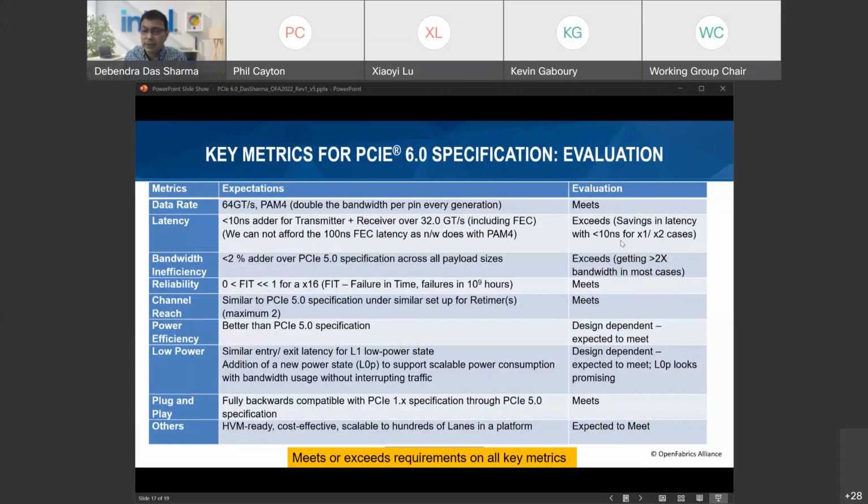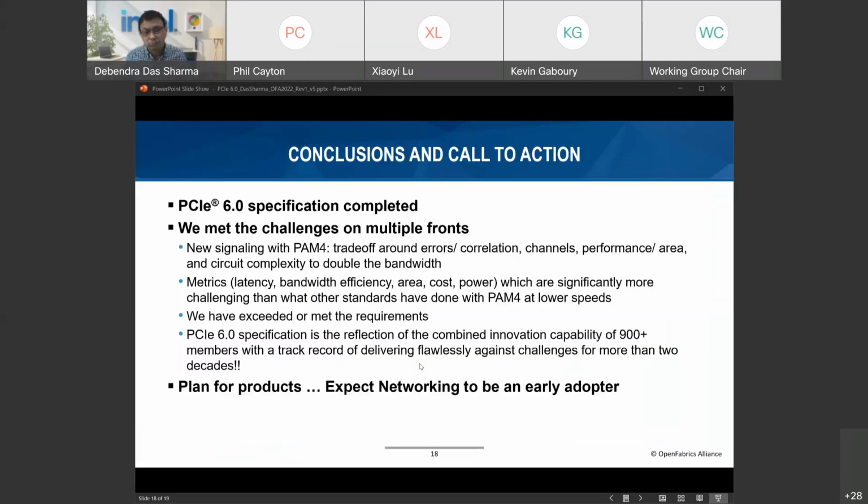We didn't quite get to the 10 nanoseconds. It was 11 or whatever. And then bandwidth efficiency, we saw in a lot of cases we got greater than 2x. So that's good. Reliability, we were around 10 to the power minus 7, which is pretty good. Channel reach and power efficiency, all of these we expect to meet, right? So overall, we completed the 6.0 spec.